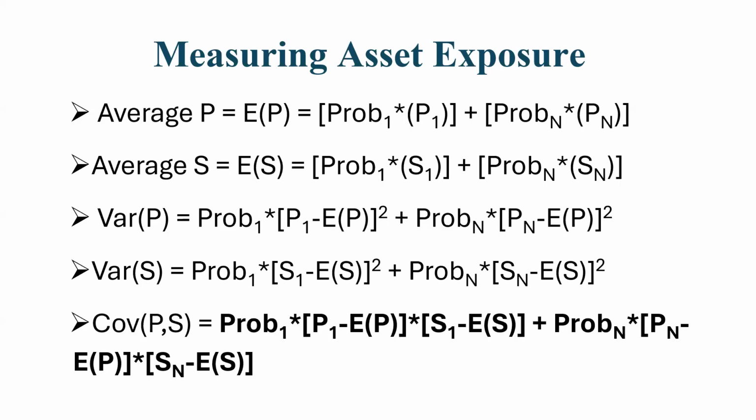Now, we tend to have different scenarios considered for the asset value and different scenarios considered for the exchange rate. So for each scenario, you have a probability, a likelihood of that scenario occurring. So that will be the probability for that scenario.